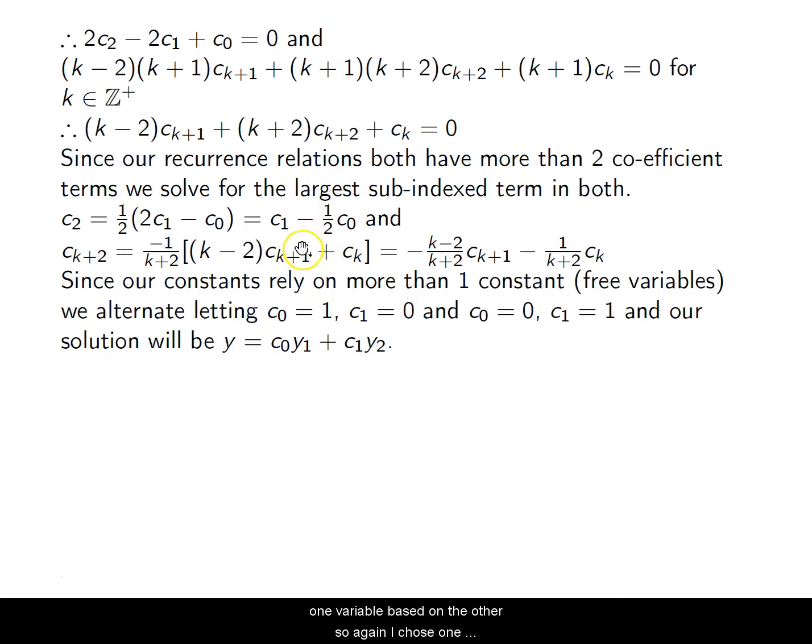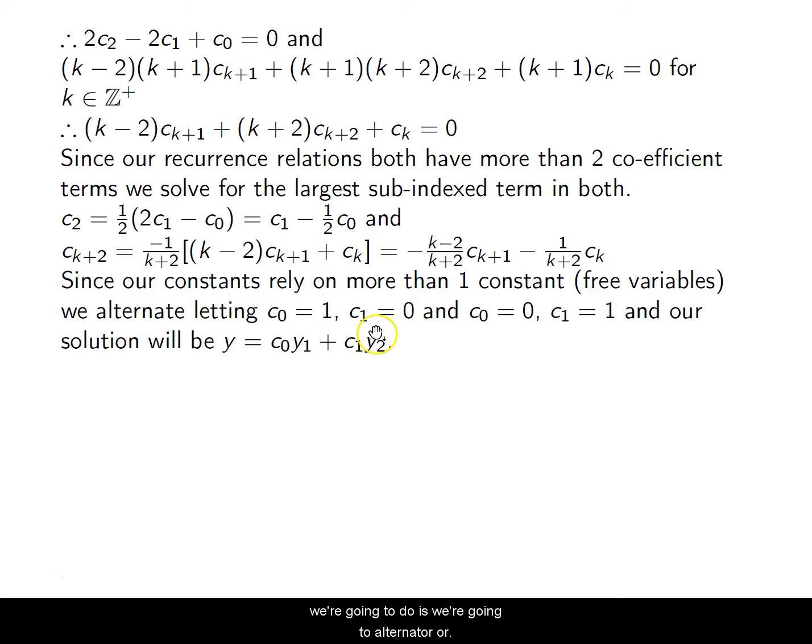So again, I chose one that was a little bit more complex. So here this C2 is based on 2 different variables. The case for when you have only one of your variables based off of only 1 and not 2 is identical. It works the same way. Okay. That's why I chose the more complicated portion.